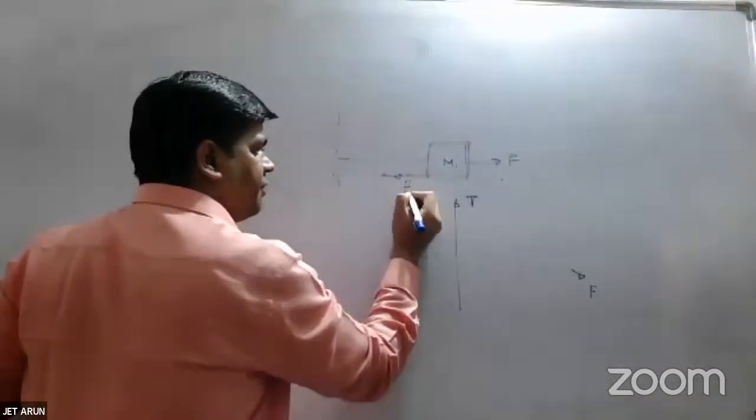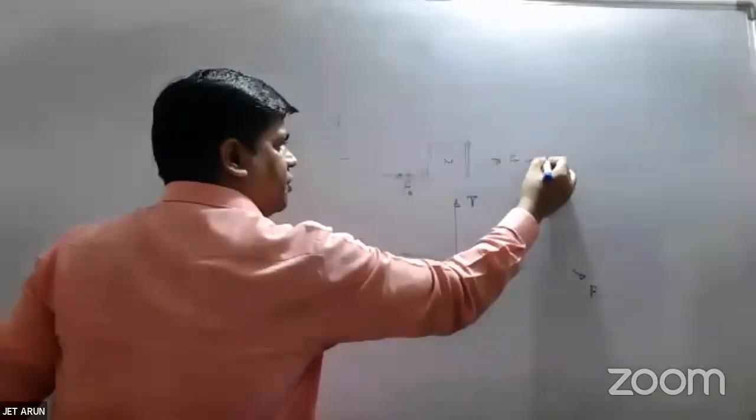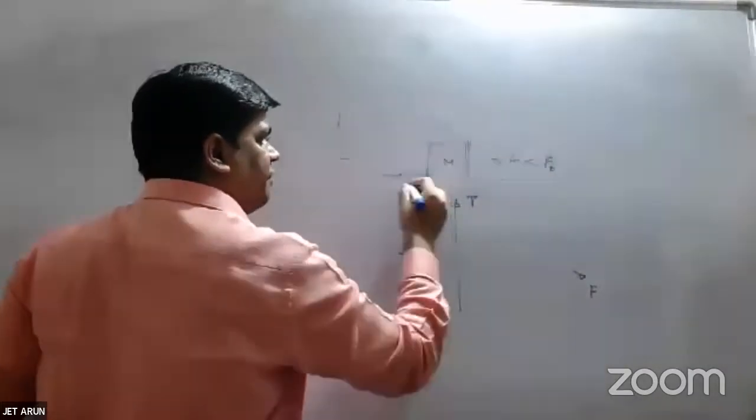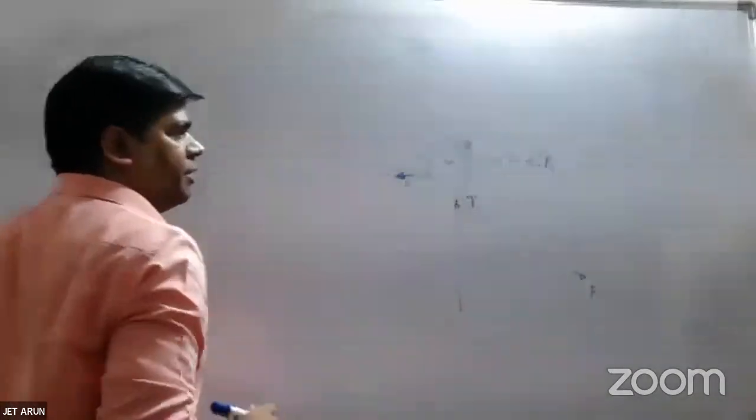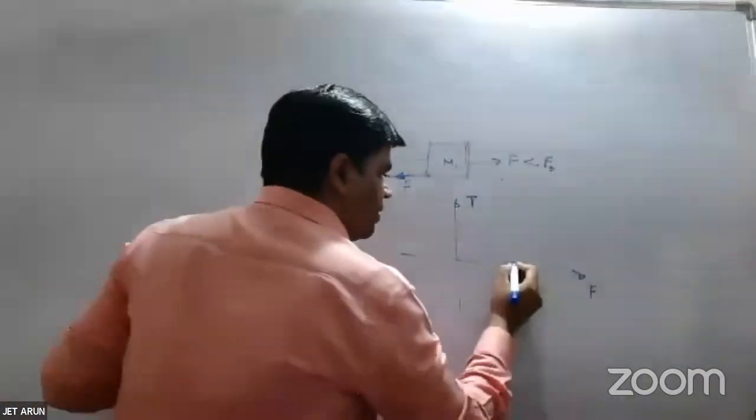Let's say F naught is limiting friction. If F is less than F naught, that means my static friction over there will be equal to F till this reaches F naught value.